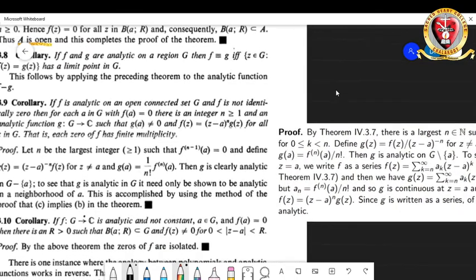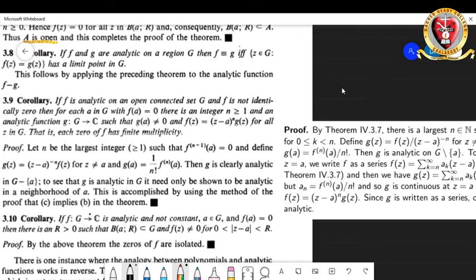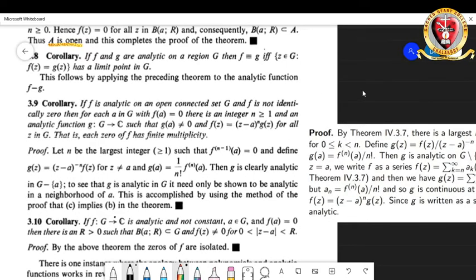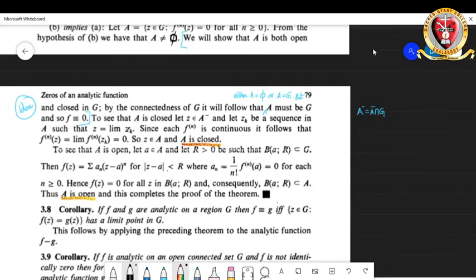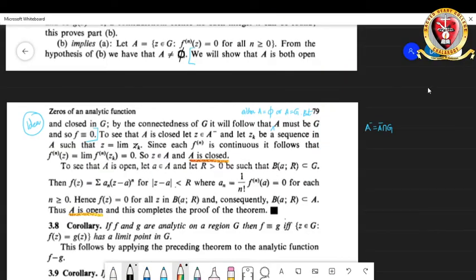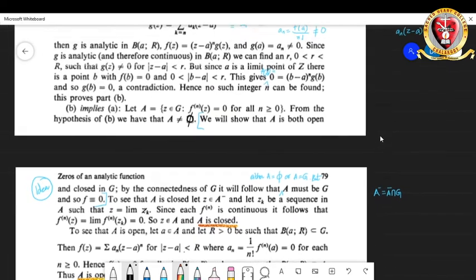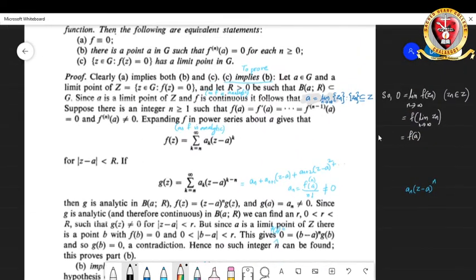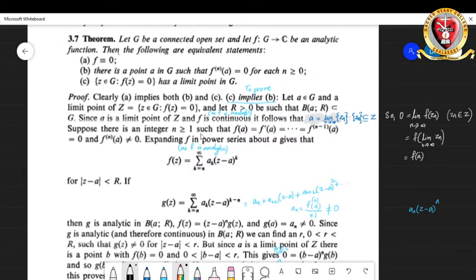So to prove that, we basically know from the statement that f is not identically equal to 0. So we just had proved theorem 3.7, which says when f is identically equal to 0. So we are taking the negation of that.